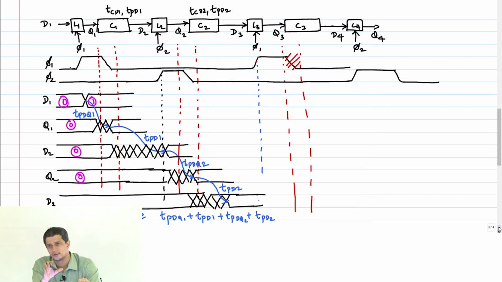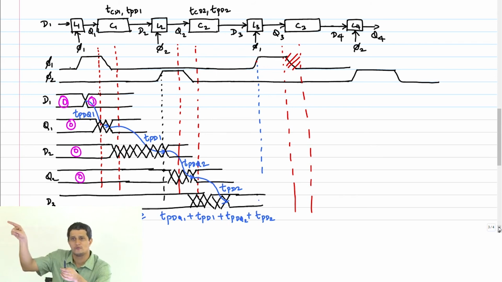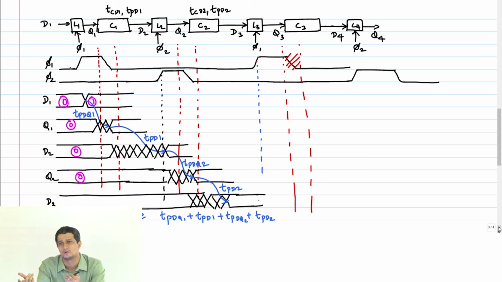What you're doing is, even before phi2 went high, usually you would have wanted to complete your operation. But now I'm saying I will borrow time in the on cycle of phi2. So the question is, how much time can I borrow? That is also a constraint we have to worry about.